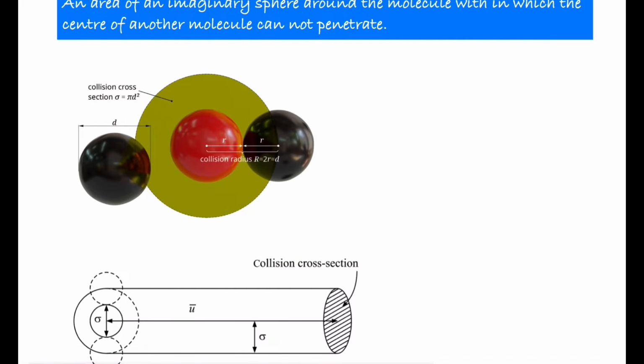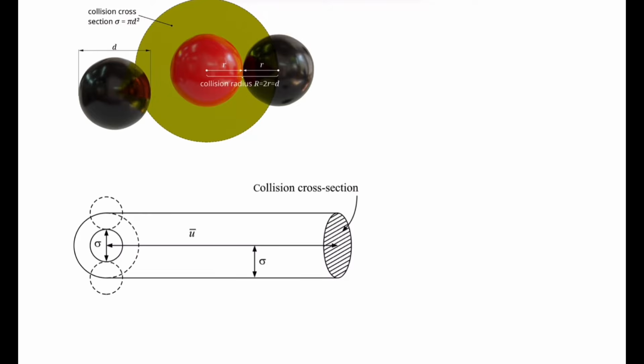And finally, if you see the relation between the collision cross section, the radius of that collision cross section, and the molecular diameter or radius of the molecule. For example, this is the diameter of the molecule and this is the radius of the collision cross section. So this is the radius.